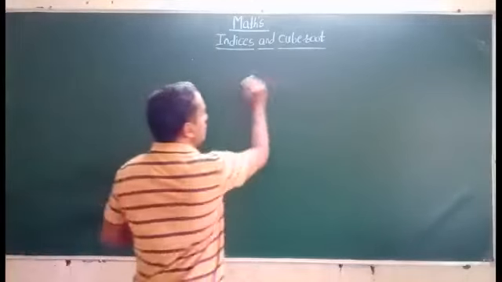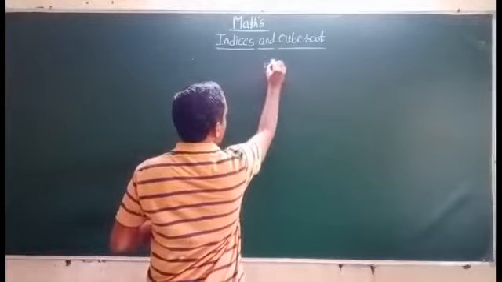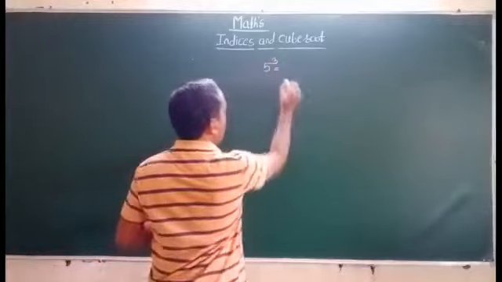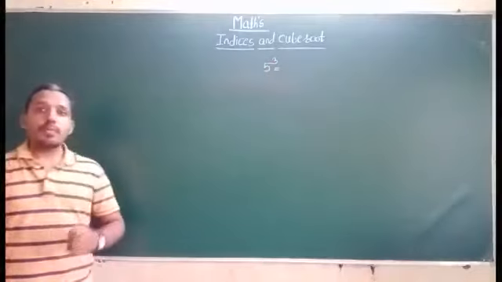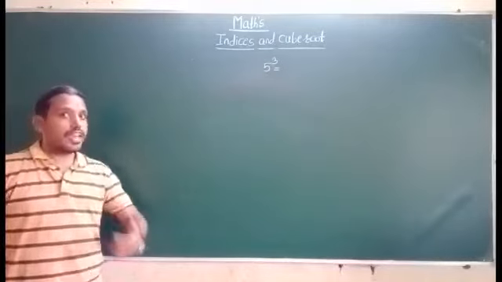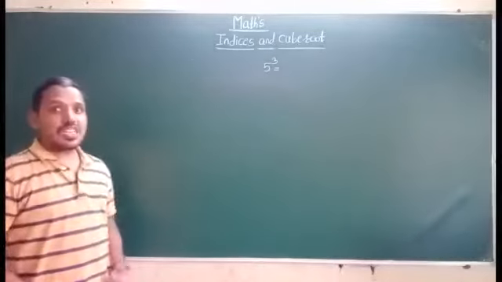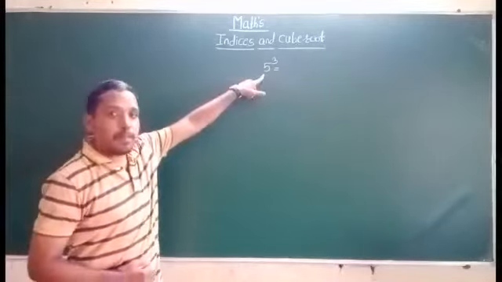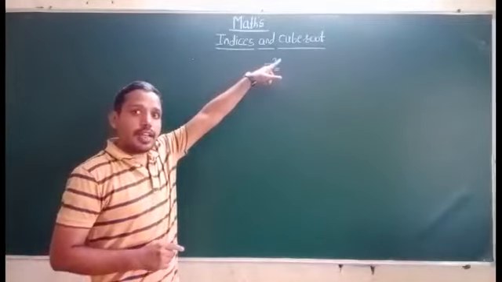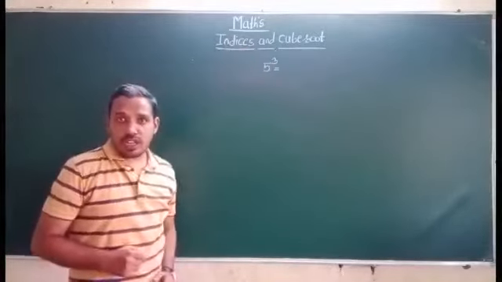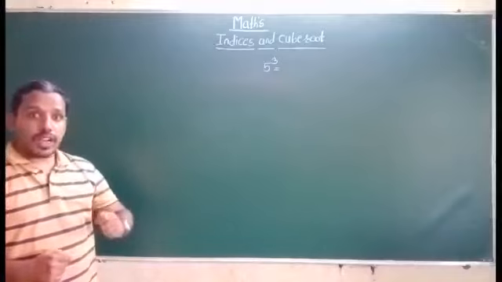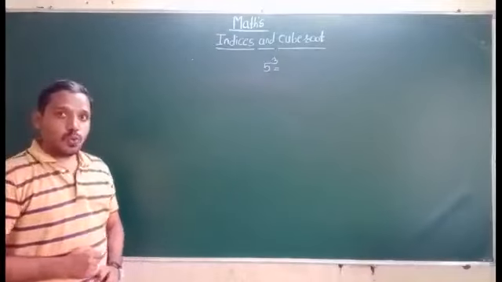For example, if we find the cube of 5, we can write it in indices form: at the base 5, and at the top we write 3.